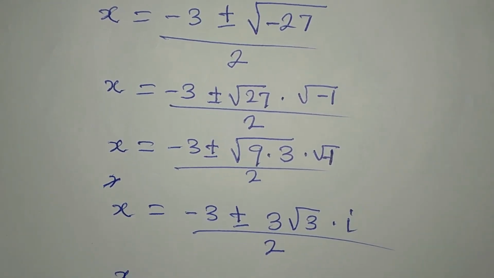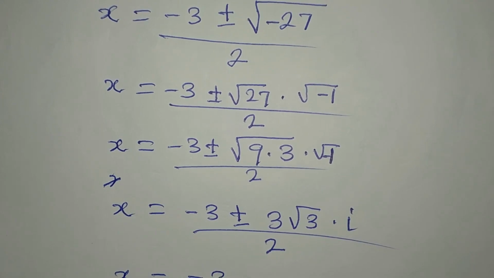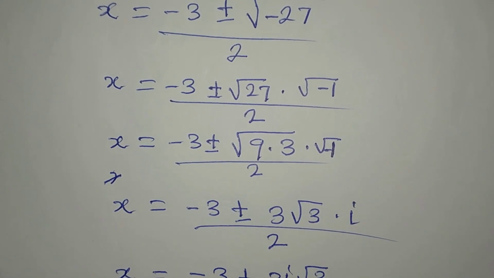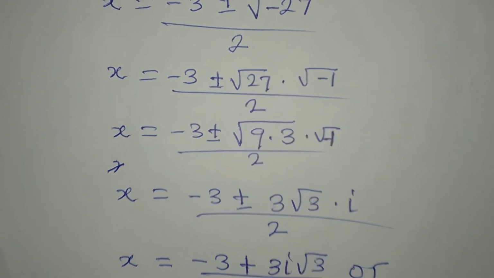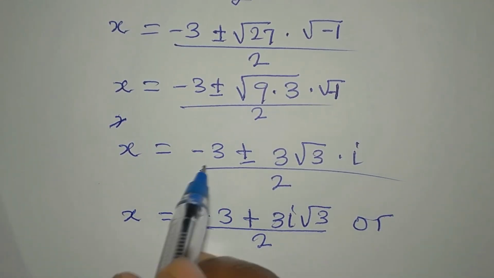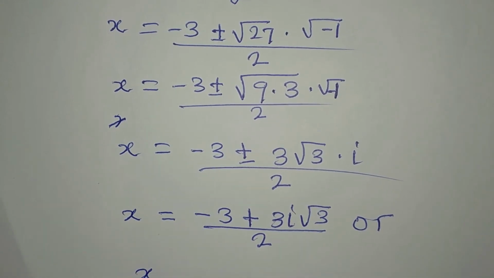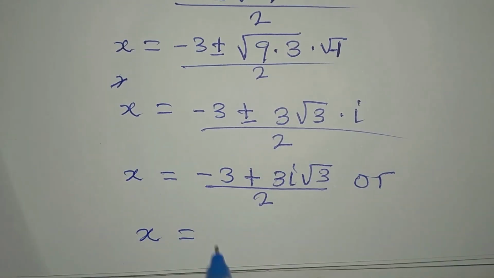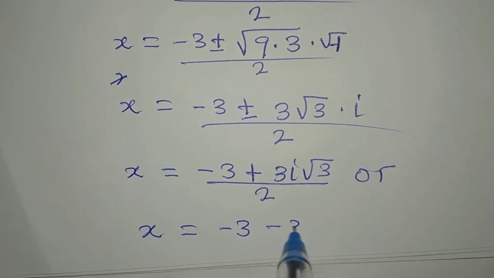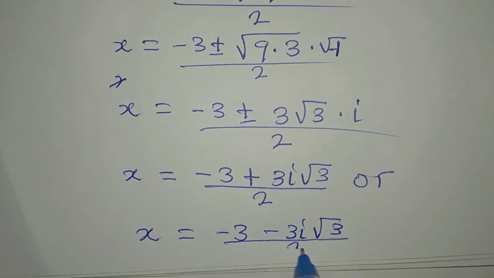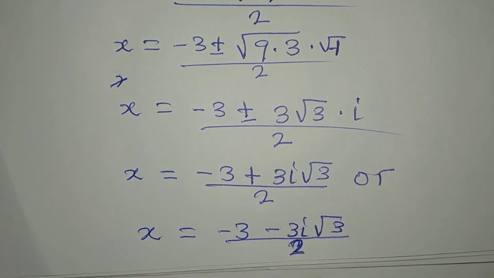We are saying that x is equal to minus 3 plus 3i root 3 over 2, or, I'm going to pick the negative now, so that x will be equal to minus 3 minus 3i root 3, then over 2. Okay, so this is what we have.